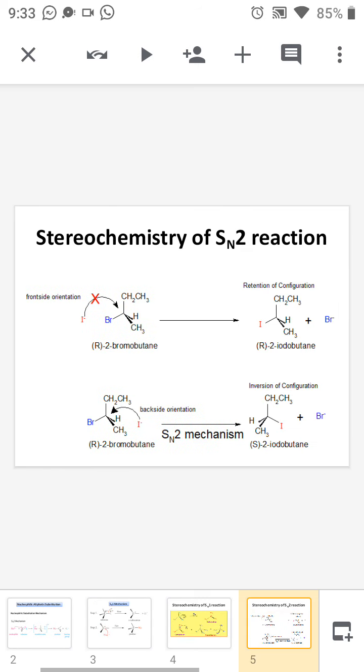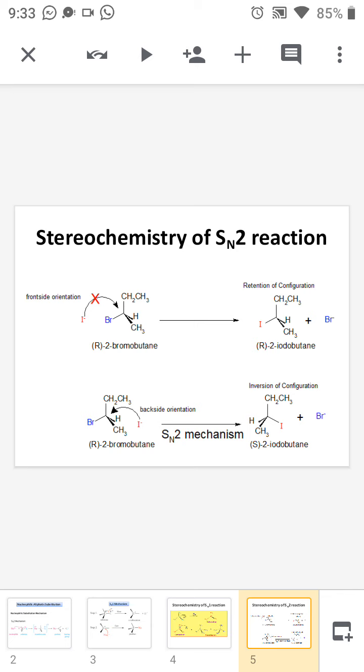And in the SN2 reaction, we know that a transition state is generated, and the nucleophile will approach the reaction center only from the opposite side of the leaving group. There is only one side attack, so that's why we will get a product with an inverted configuration.